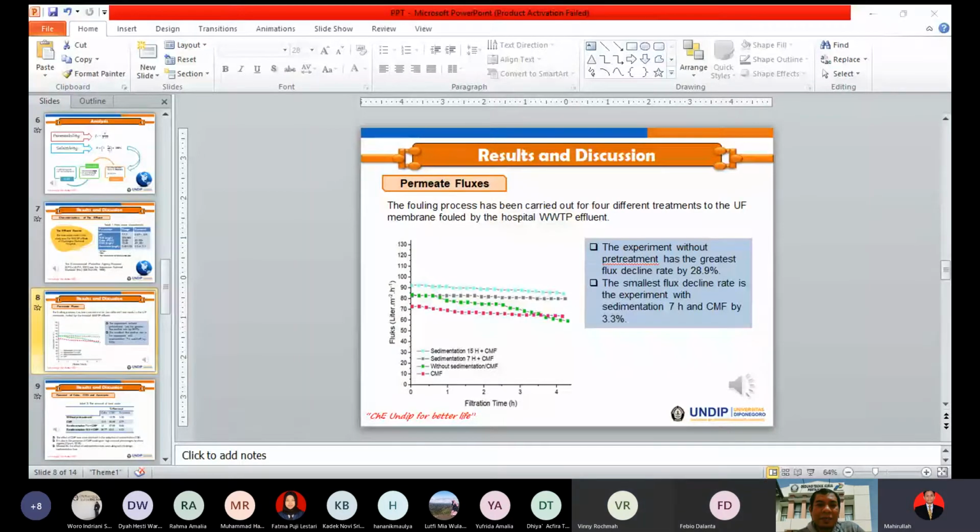Okay, maybe you can share table number 2. Mahir, could you please share table number 2? Hello Mahir.